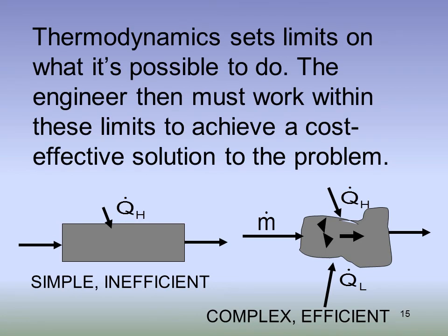So again, thermo sets limits on what you can do, and the engineer must work to achieve a cost-effective solution to this problem. Now I'll tell you, if we assumed reversibility for this complex system over here, for it to be reversible, you recall the gradients have to be approaching 0. So this system on the right is going to be extremely large, very expensive.